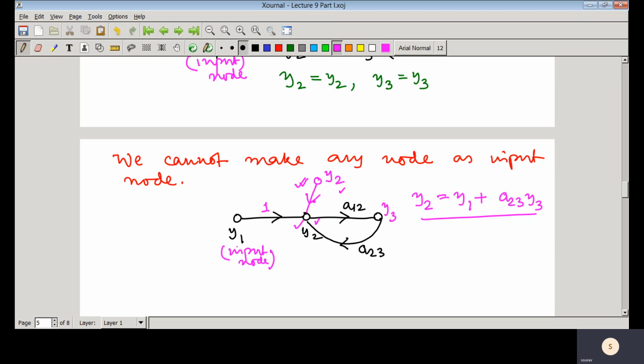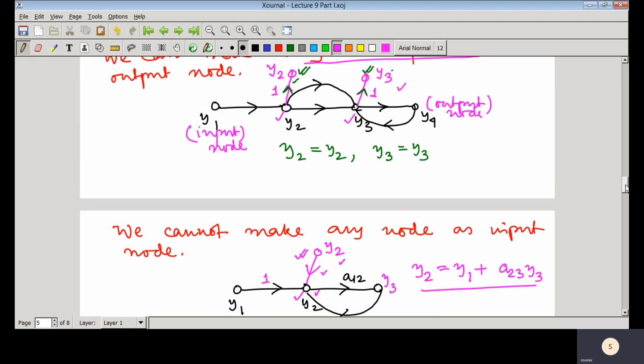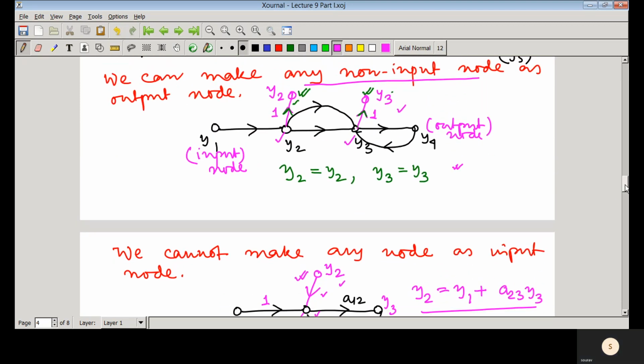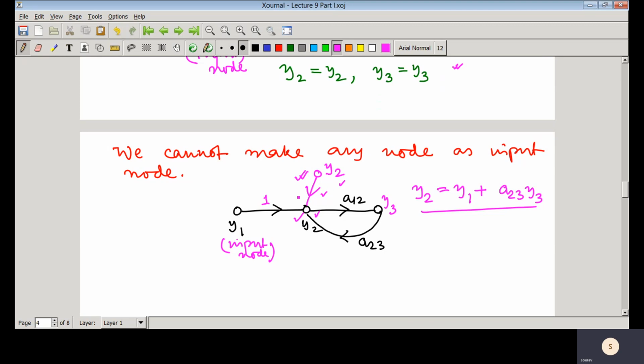Now once we add this branch, following the same technique we used for the output node, we have y2 equals y1 plus a23 y3 plus y2, where the gain is 1.